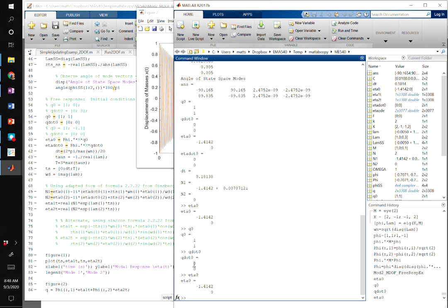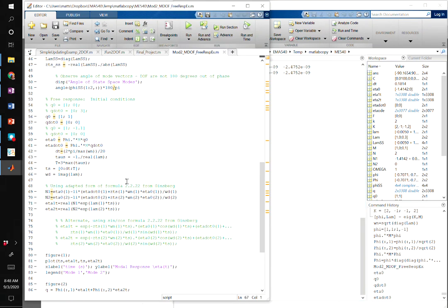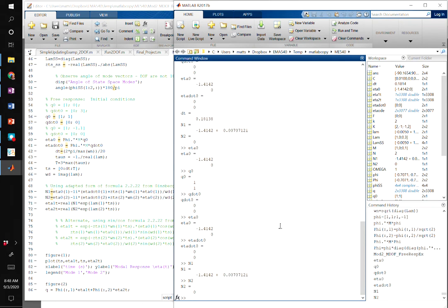And if the velocities are 0, then the initial etas are 0. So those will all be 0. And I use that to define the two constants. So n1 and n2 are the two AR constants that I had in those other notes. So those are those same constants.